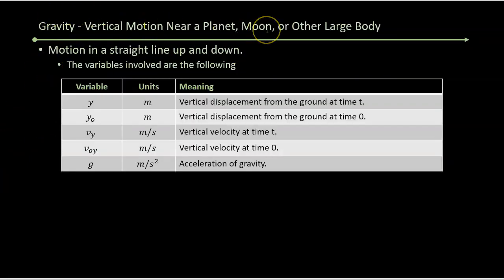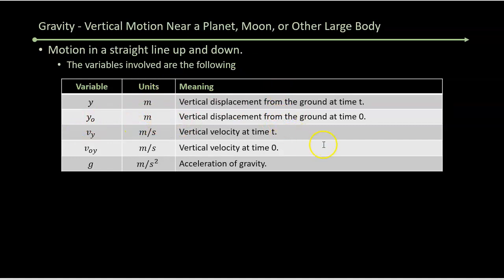Gravity in terms of vertical motion near a planet, moon, or other large body. So this is your ordinary everyday life gravity. The variables involved are: we use y for your height above the ground, the vertical displacement, and y naught for how high you started off at time 0.